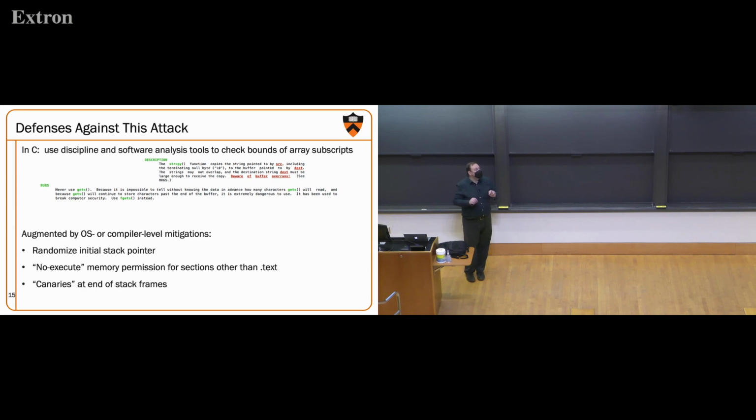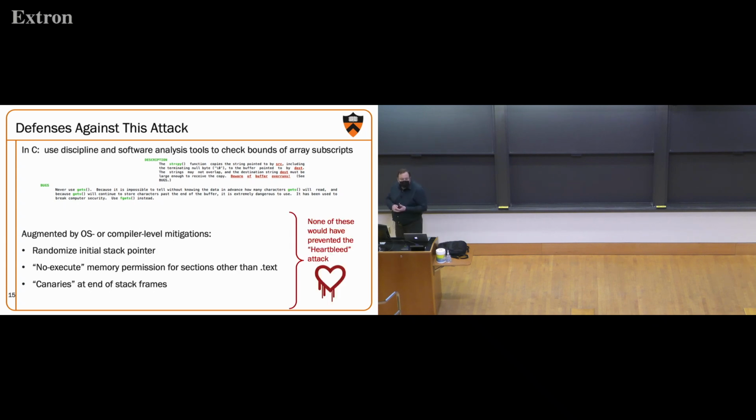And because it was set randomly, it's hard for an attacker to know what to write there in order to preserve those canary values. So there are mild mitigations that you can apply. And in a lot of cases, those have prevented a lot of harmful attacks over the years.